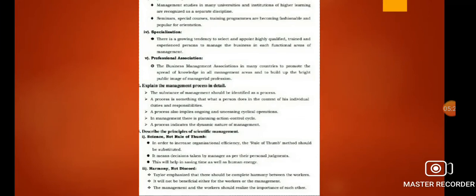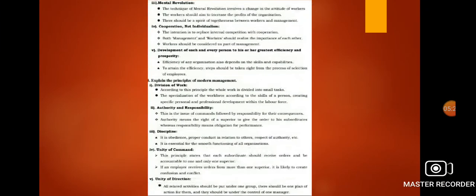Then next principle of scientific management is mental revolution. The technique of mental revolution involves a change in the attitude of workers and management towards each other. This mental revolution requires a complete change in the outlook of both management and workers.